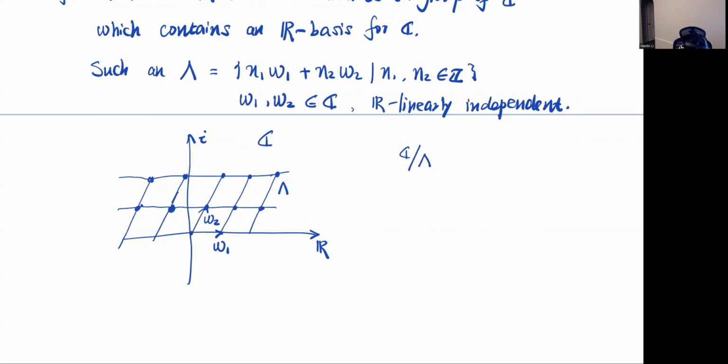You can see that C mod lambda is topologically exactly a genus one Riemann surface. Is a torus. Let me just write a torus.